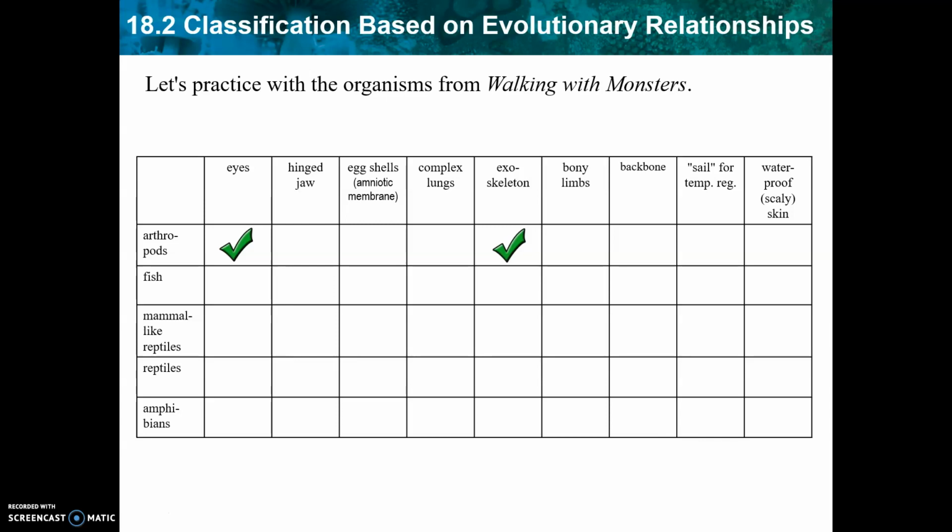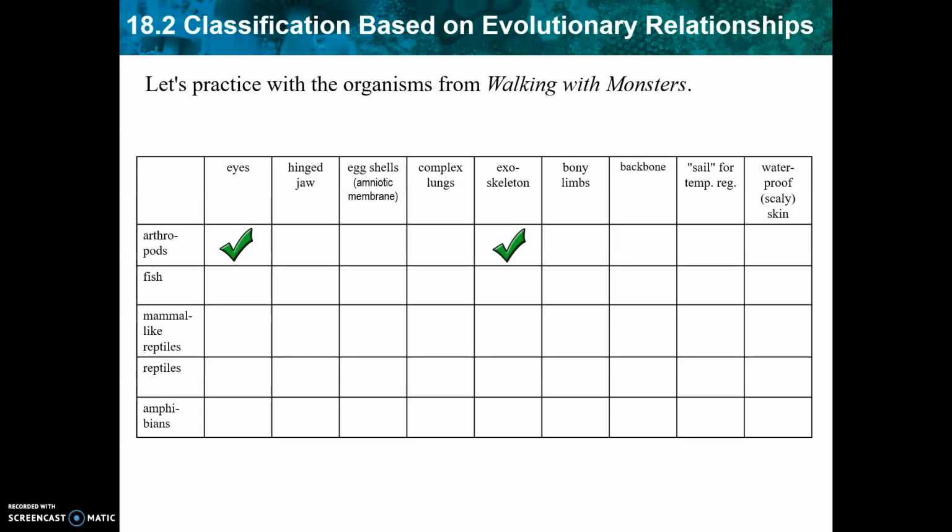They do have some moving mouth parts, but they don't have a bone that's hinged on a skull like we would typically think of. They do not have that amniotic membrane. They don't have complex lungs. They do have a simple version of lungs, but it does specify complex here. They don't have bones, which means they don't have a backbone. They don't have the sail, and they don't even have skin. They use their exoskeleton as protection.